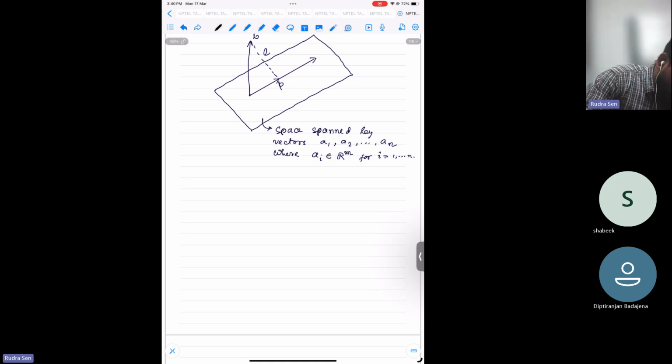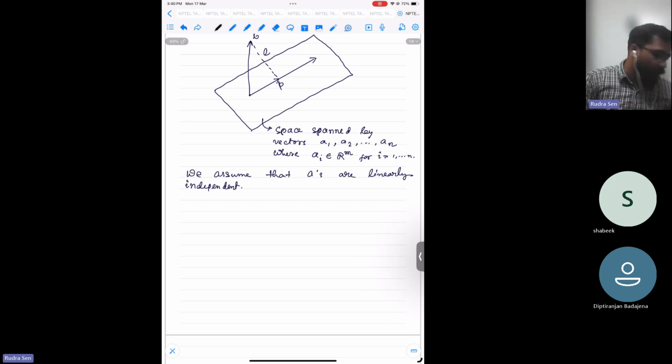So here we assume that these a vectors are linearly independent. So we need to find out the small p.